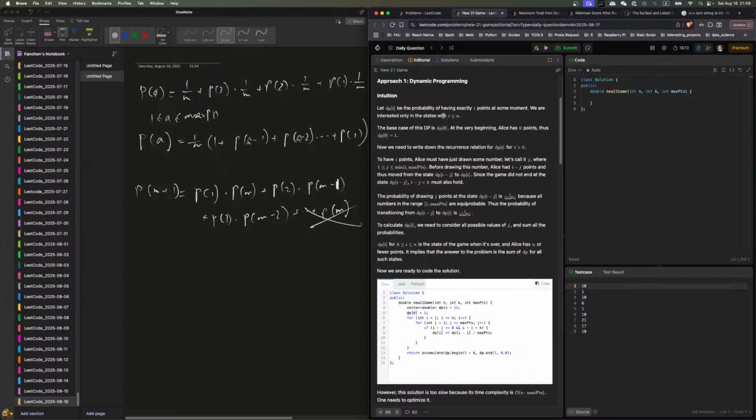Okay, like DPI will probably have exactly I points at some point, which is add them together, yes. The base case.